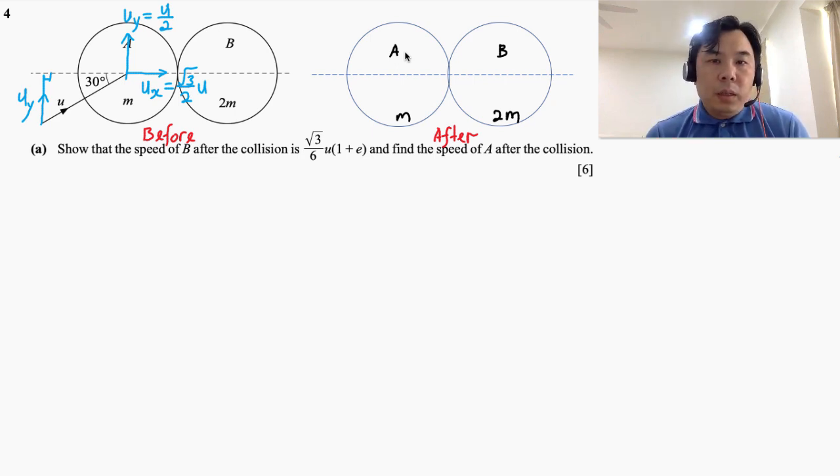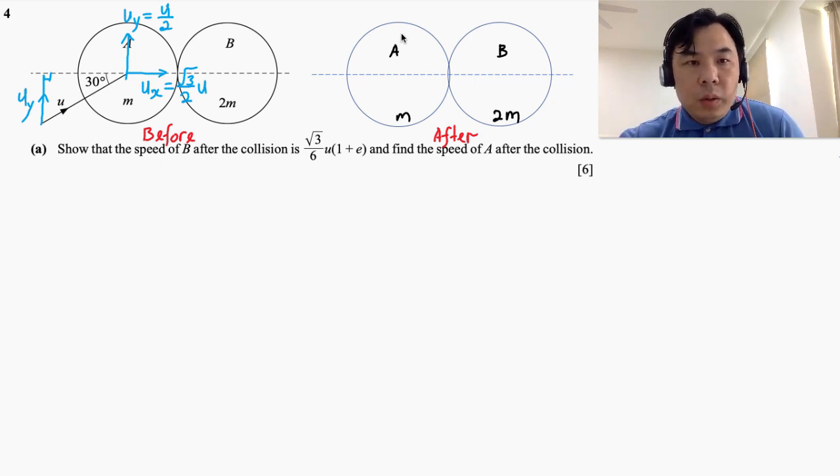Right. Now, knowing that fact and assumption, we can label the velocity components of particle A after collision.